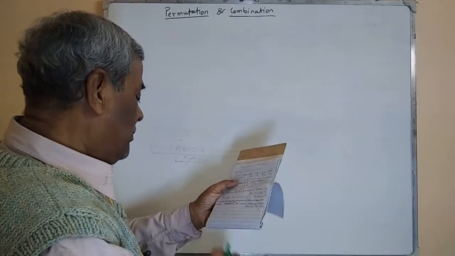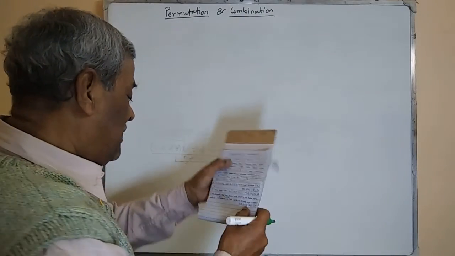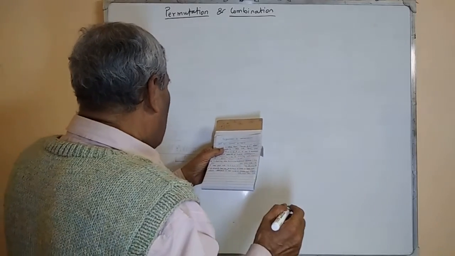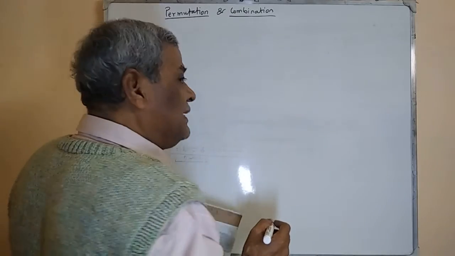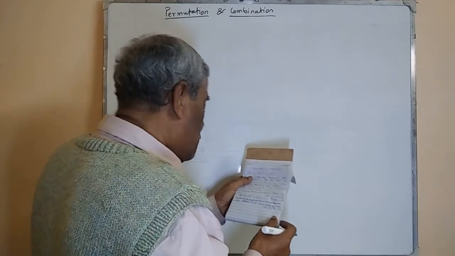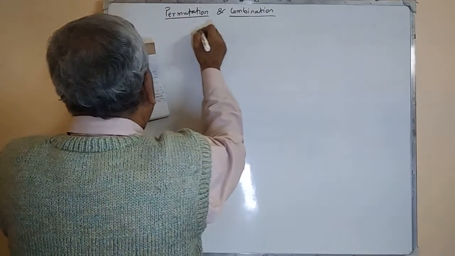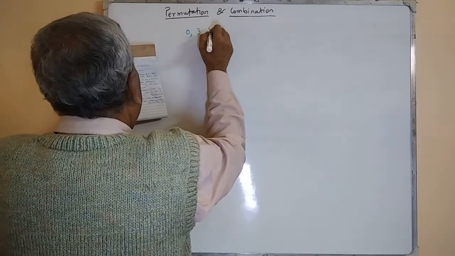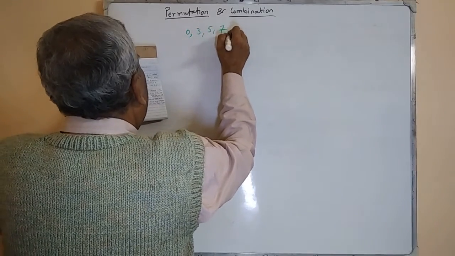Almost the same problem, but it is different. The question is: a four digit number divisible by 5 is to be formed by using 0, 3, 5, 7 and 9.